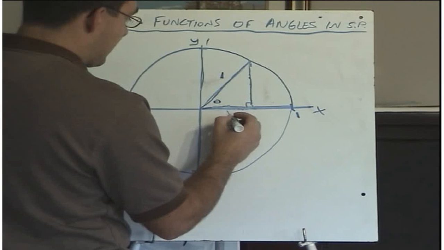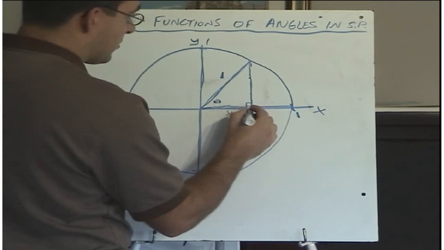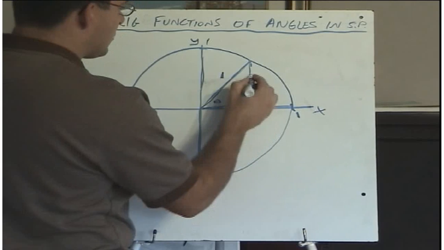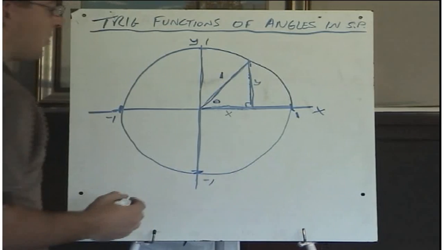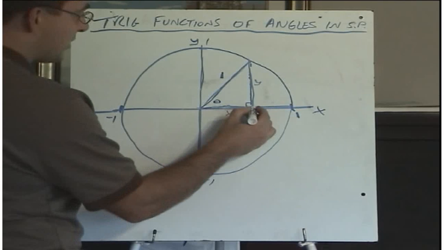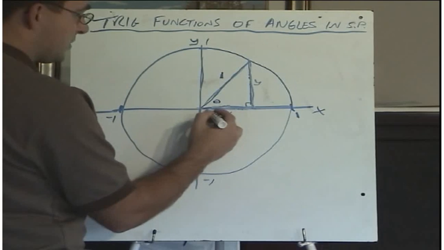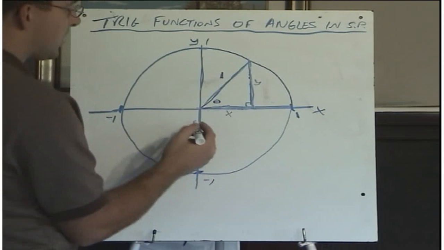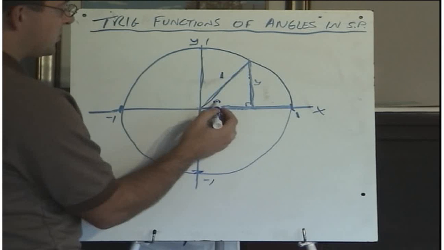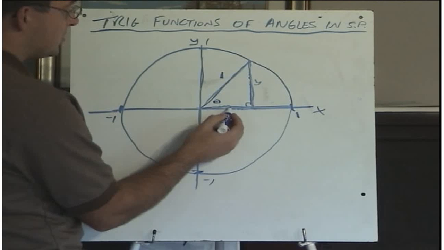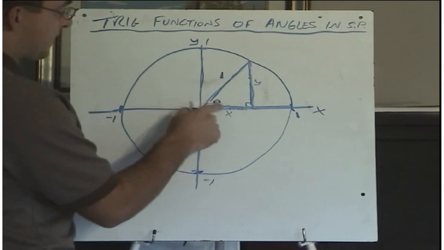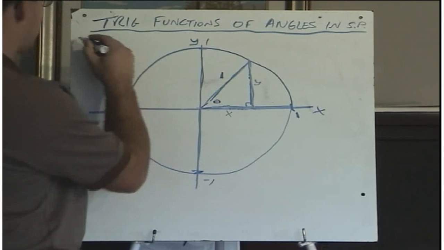This will be some x value, obviously something less than 1, and this will be some y value. The important thing to know here is that x is positive and y is positive. This is positive x, this is positive y. So if I was asking what is the cosine of theta, you would say it's adjacent over hypotenuse. Adjacent over hypotenuse is a cosine ratio. Remember SOHCAHTOA.